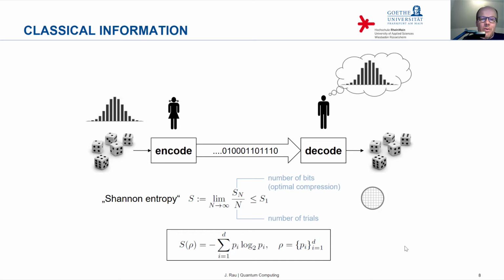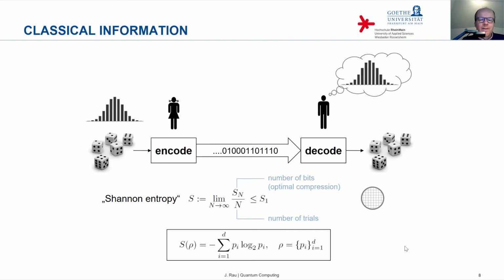Perhaps you note that this is precisely the formula for the Boltzmann entropy in thermodynamics, in statistical mechanics. There's only the Boltzmann constant missing, and it's a natural log rather than a binary log. So up to a multiplicative constant, the Shannon entropy coincides with the Boltzmann entropy.